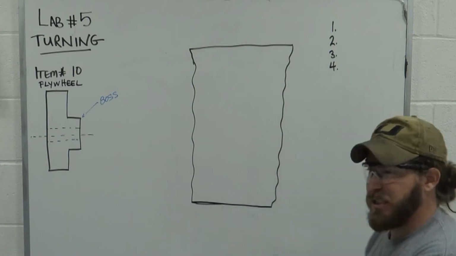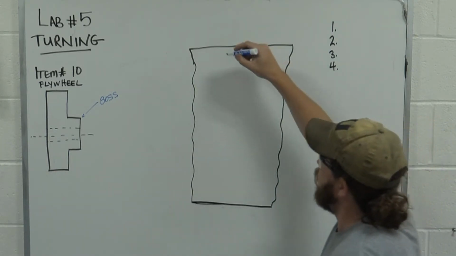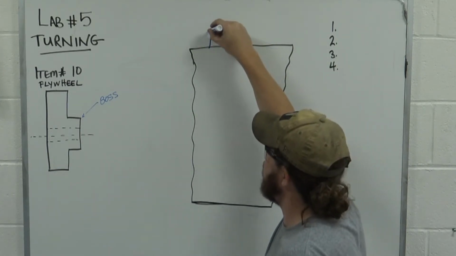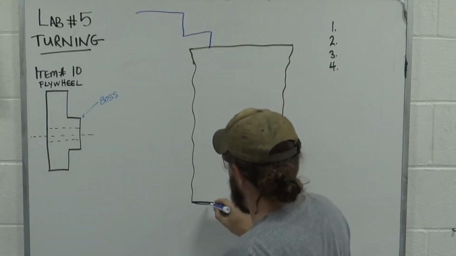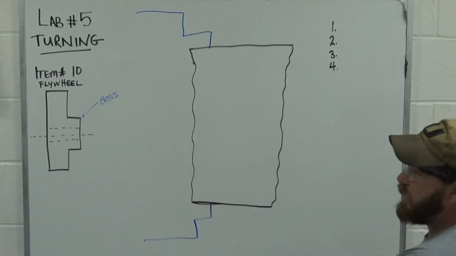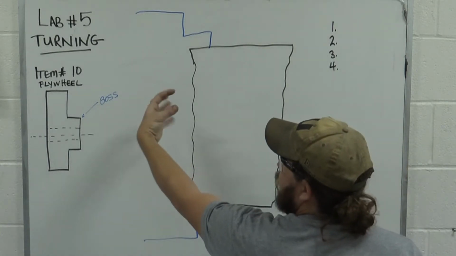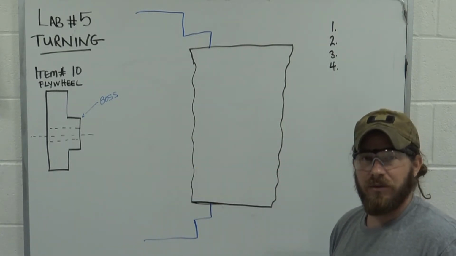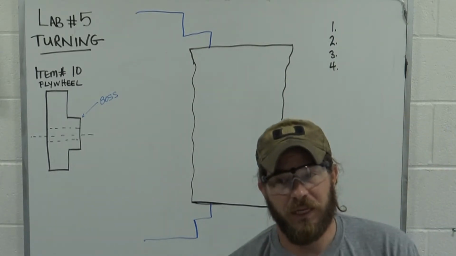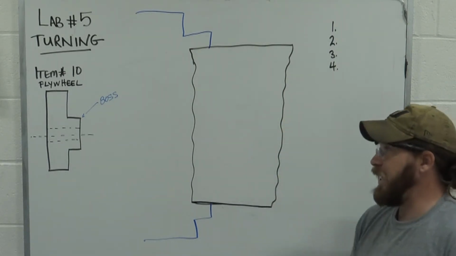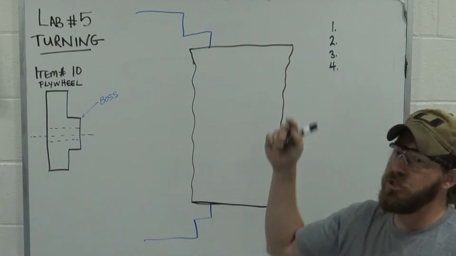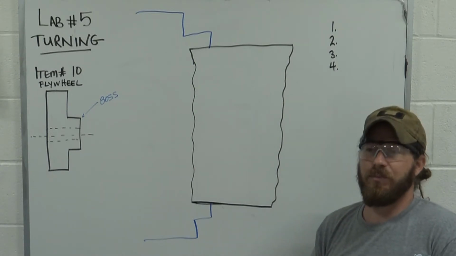The first thing we're going to do is put this piece in the chuck. I just draw my chucks like this, just so you know that I'm grabbing on this side with my chuck. So the very first step in making part number 10, your flywheel, should be the first step in every lathe process, just about.